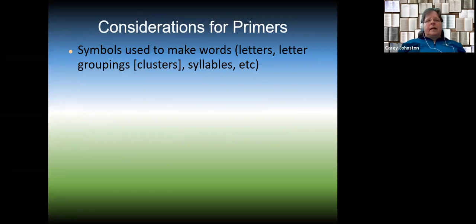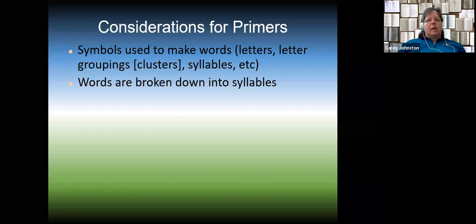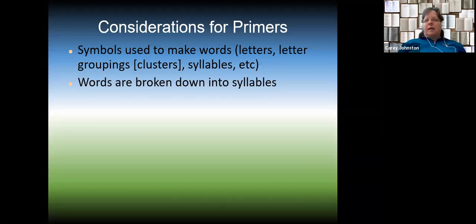So, considerations for the primers: what symbols are used to make the words, what writing system are we using, and how is that going to shape how we break down our boxes and how we introduce letters or symbols to the literacy primer.